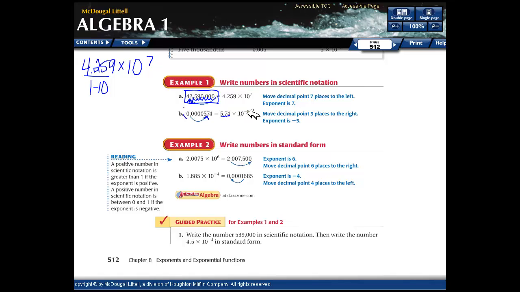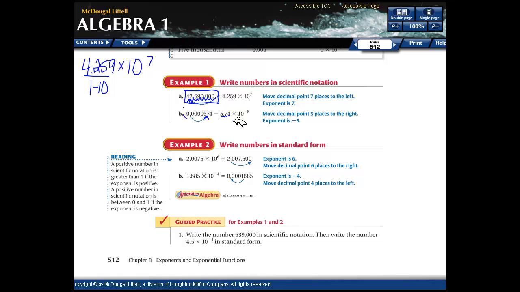If I move it to the right, it's this. That's not really true, and it can actually cause some confusion whenever you go back this way, writing numbers in standard form. Oh, well, I moved it to the right, but this time isn't. So don't remember anything about moving it left or right, remember what kind of number it is. If it is a number greater than 1, it's positive. Positives are greater than 1. If it's a number less than 1, it's a negative.